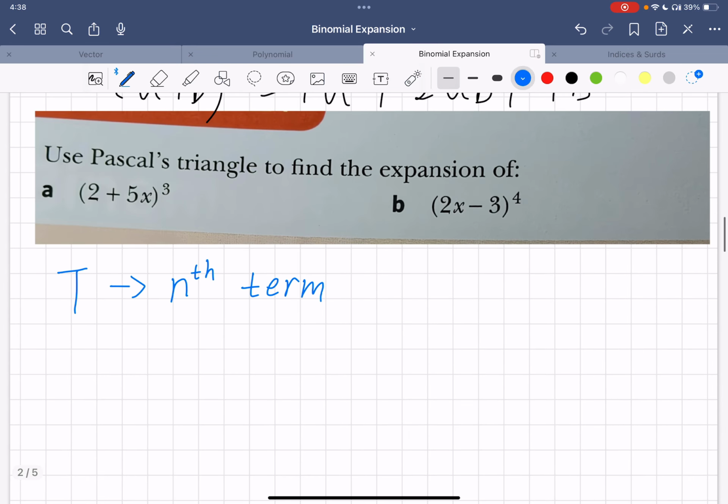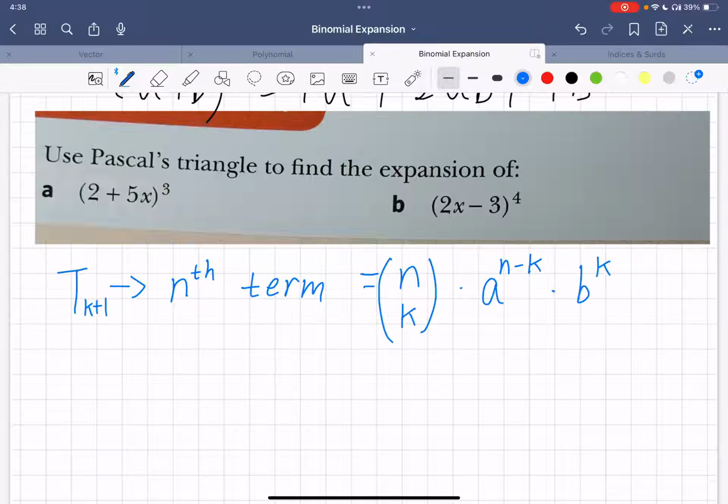So for the nth term, we have n combination k times a to the power n minus k times b to the power k. What does that mean?